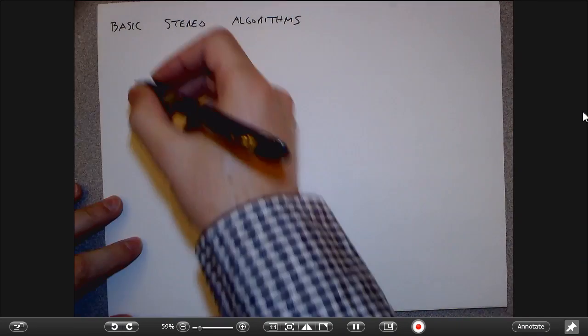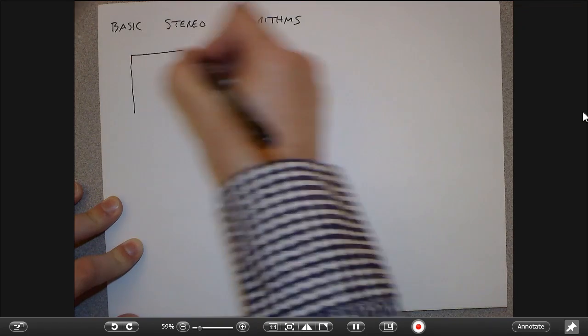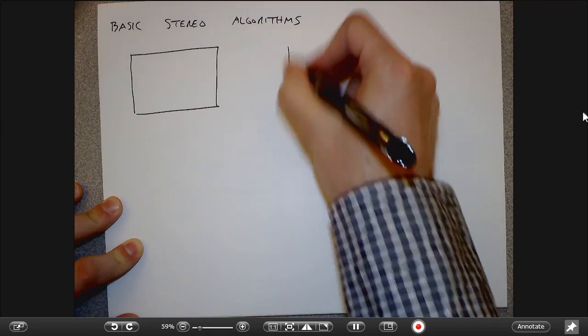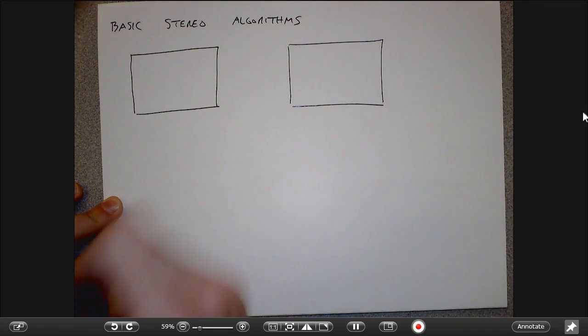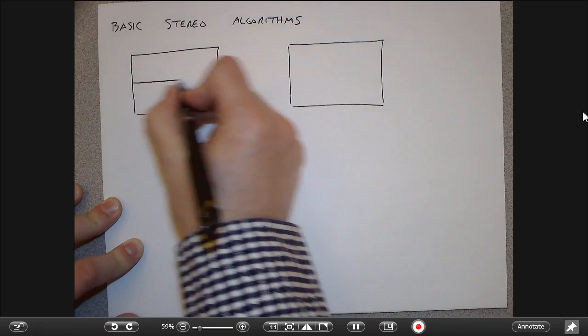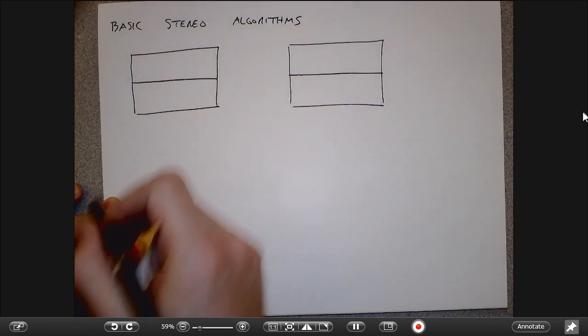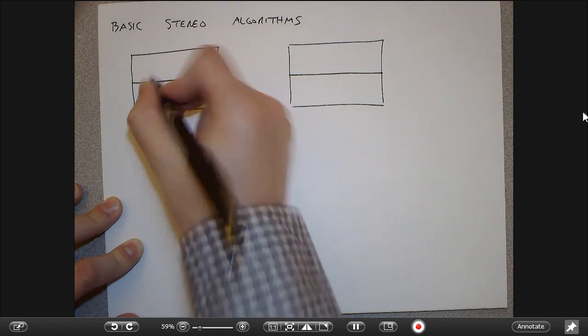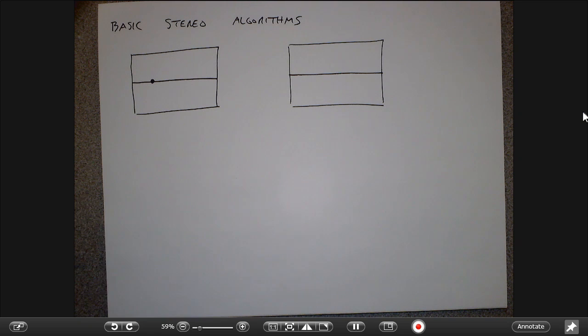So the simplest thing that you could imagine doing would be, okay, here's my row that I want to look at right now. I take this point, and I want to figure out what is the best point over there in image number 2, right?